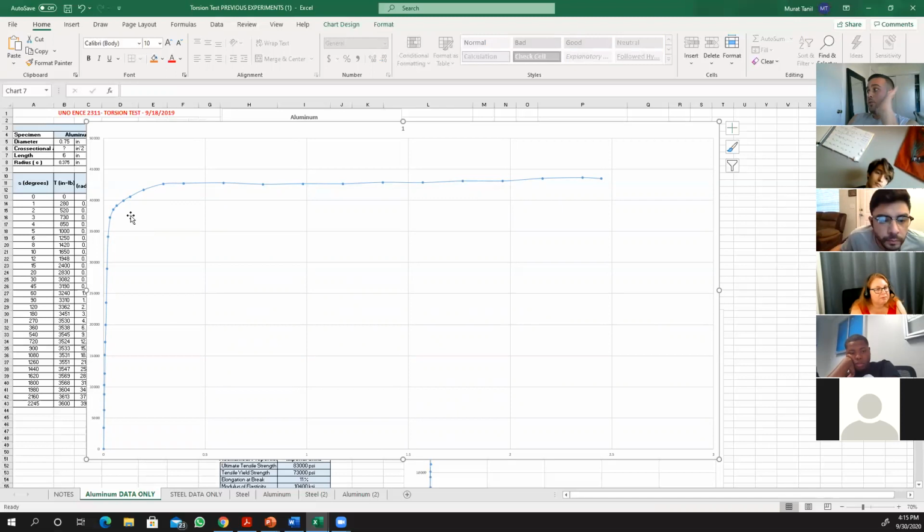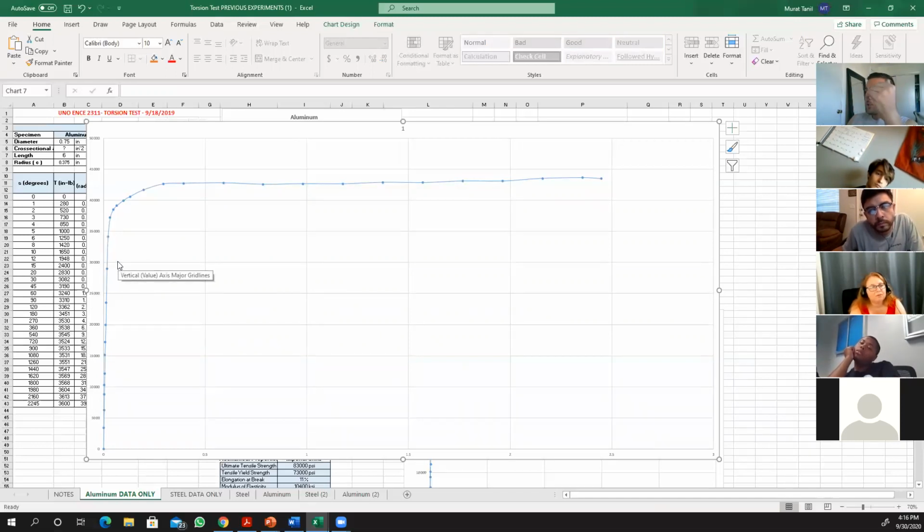Perfect. So second thing, you already read the theory and procedure, and you learned that you can only calculate your shear modulus from this region. I mentioned that you can use a similar procedure, similar logic to what we have on the tensile. The shear modulus is equal to the slope of this linear portion, the elastic region.